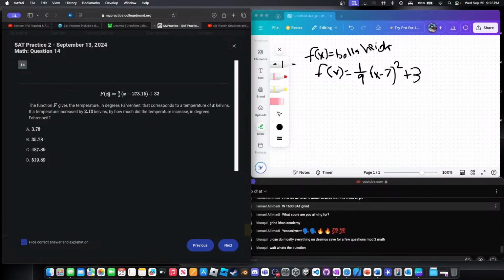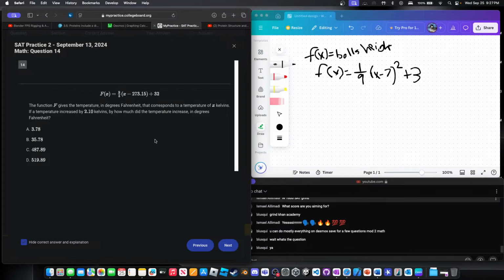This equation represents the degrees in Fahrenheit that corresponds to the temperature of x kelvins. So it's pretty much a conversion rate, right? This is converting, right? If the temperature increased by 2.10 kelvins, by how much did the temperature increase in degrees Fahrenheit? Right?